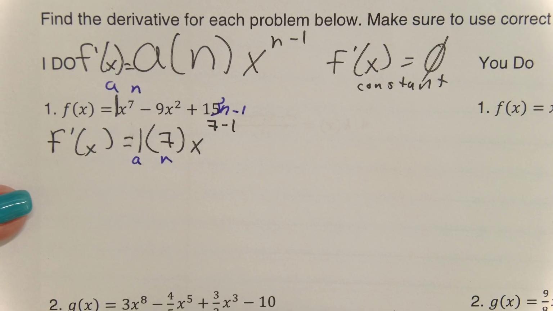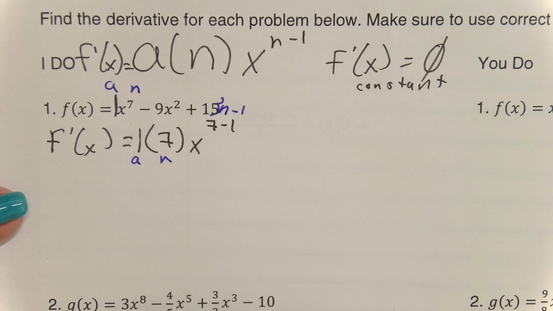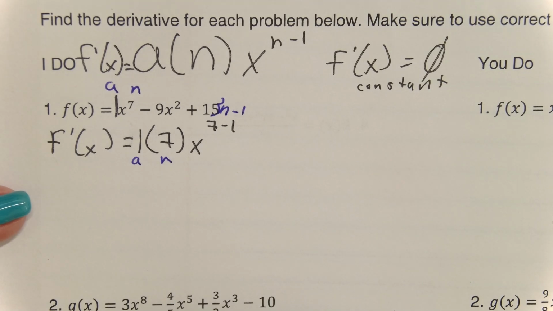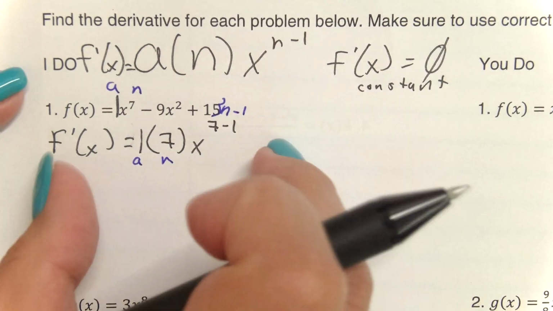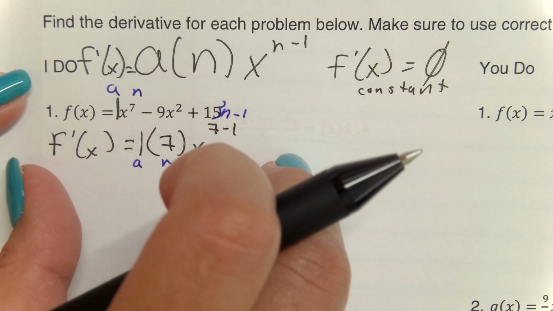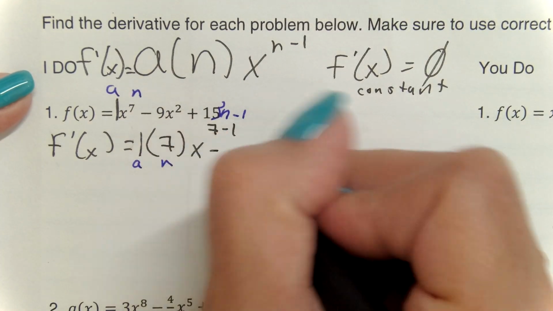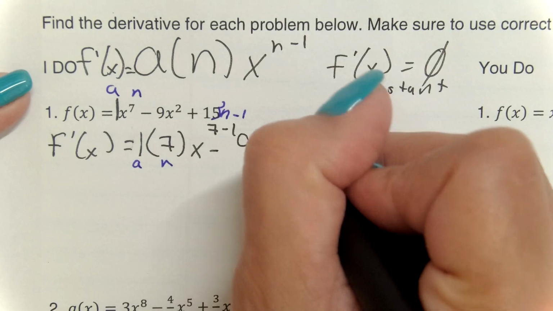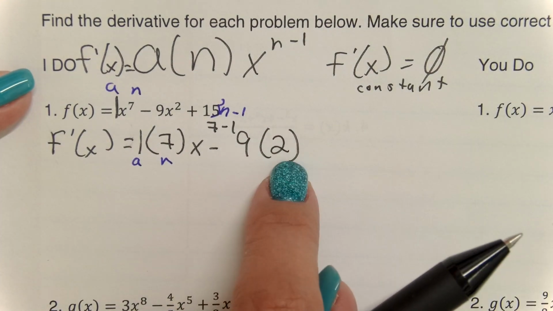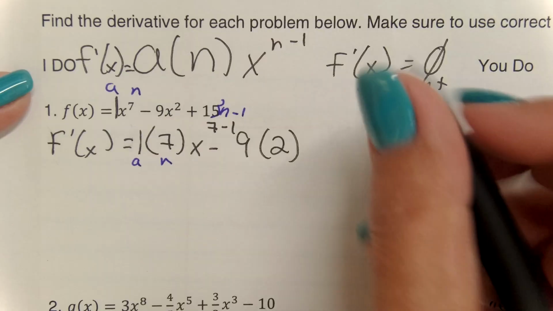Any questions on that part? I'm going to keep going. Stop me if you have questions. Then I have to do this for every term in my equation. I'm going to multiply by 2. 9 times 2, coefficient, exponent.